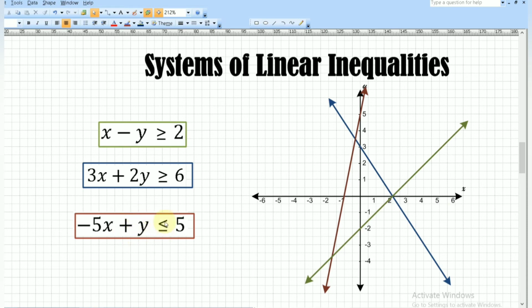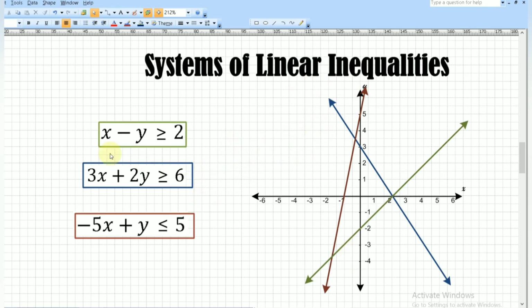Since y is less than or equal to, the shaded area, the solution, will be the area below the red line. So this is the red line, and the shaded one will be this area, not this one. Below. We have to differentiate: this is below, this is above.